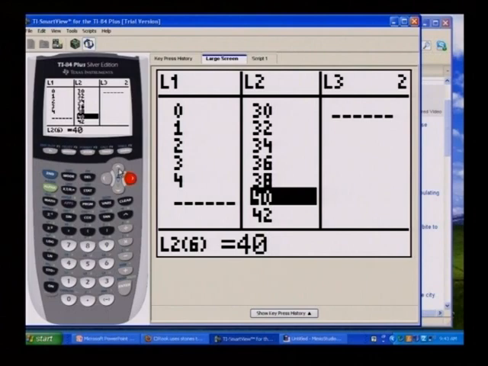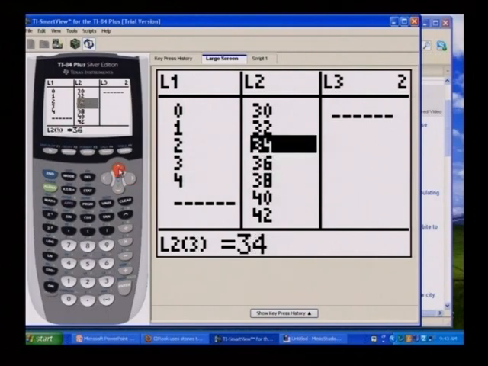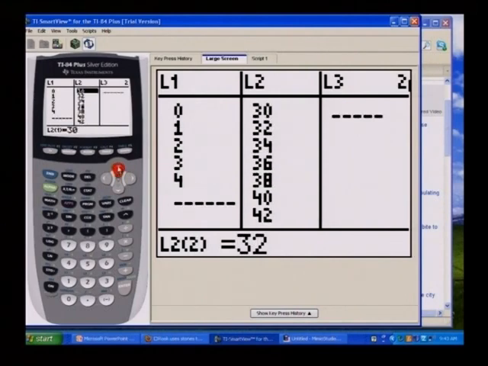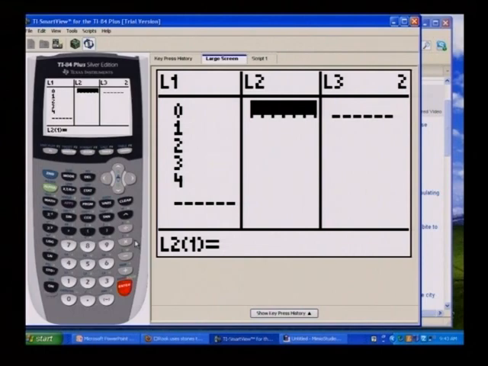All right, and then enter your data into L2. So 27.6.